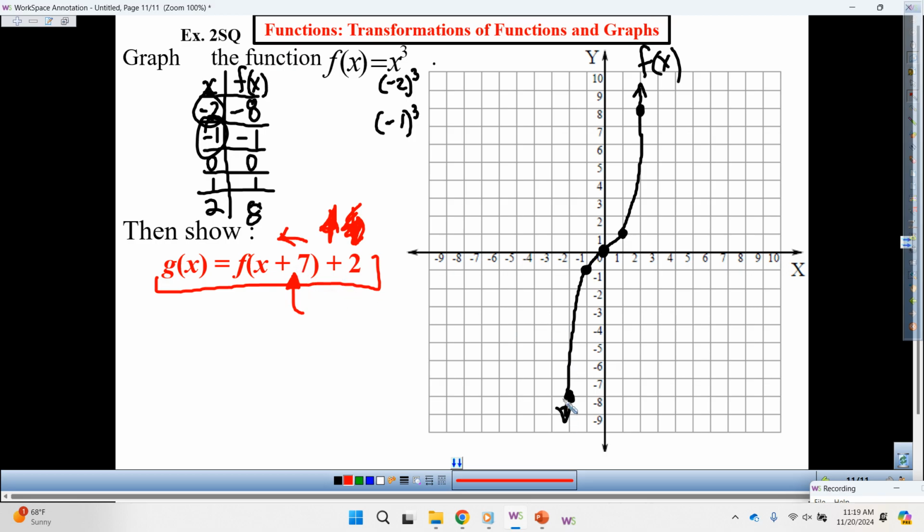So I'm going to start with this one. 7 to the left, 1, 2, 3, 4, 5, 6, 7, and 2 up. This one, 1, 2, 3, 4, 5, 6, 7, and 2 up. And then 1, 2, 3, 4, 5, 6, 7, and 2 up.